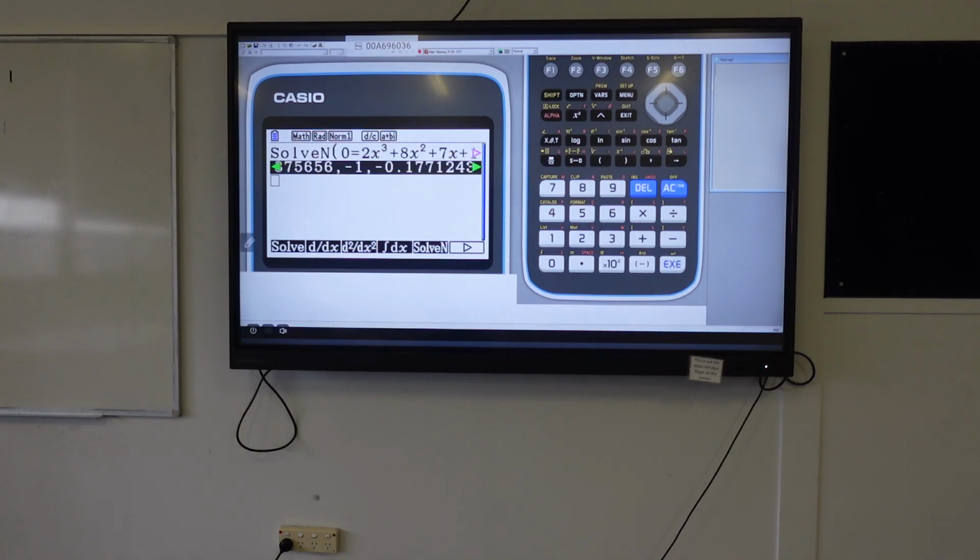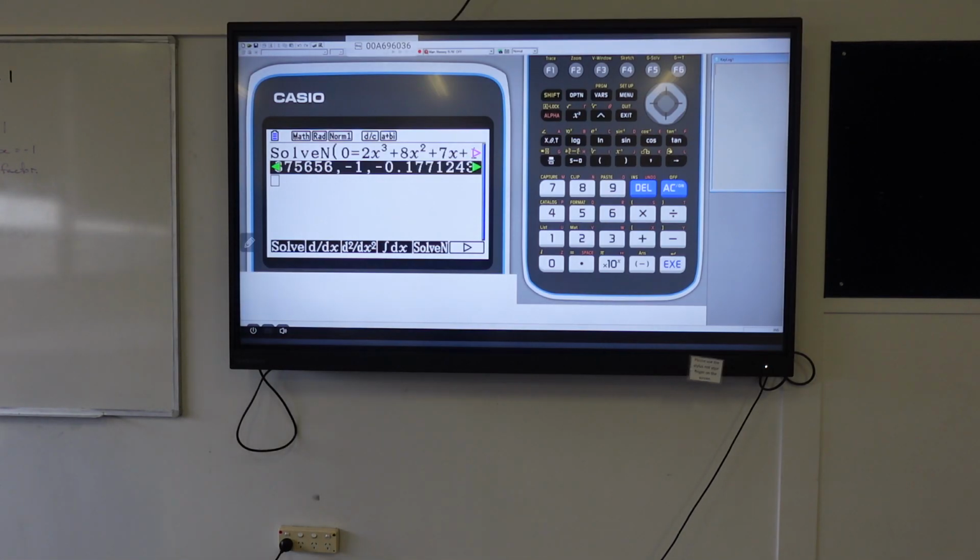So we know that there is a root at x equals -1. Is that cool? So if we were going to factorize this, hence x plus 1 is a factor.